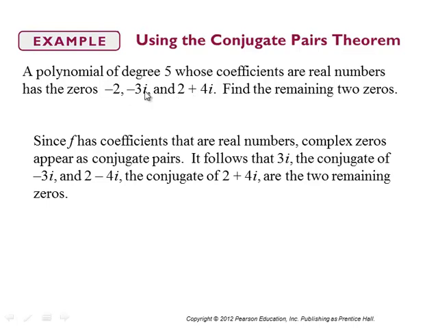The conjugate of -3i is plus 3i, and the conjugate of 2 plus 4i is 2 minus 4i. So now we have enough information to write our polynomial. It'll be x minus -2 times x minus -3i times x plus 3i times x minus quantity 2 plus 4i times x minus quantity 2 minus 4i, that sort of thing.